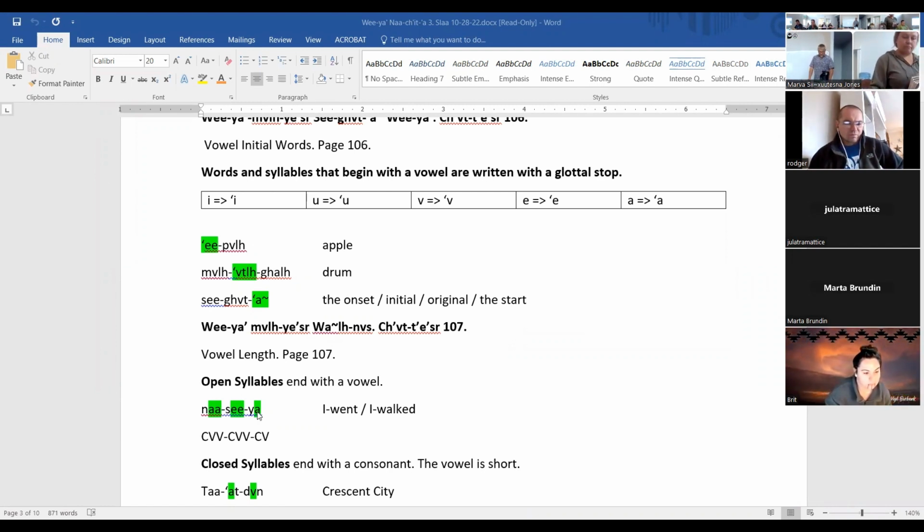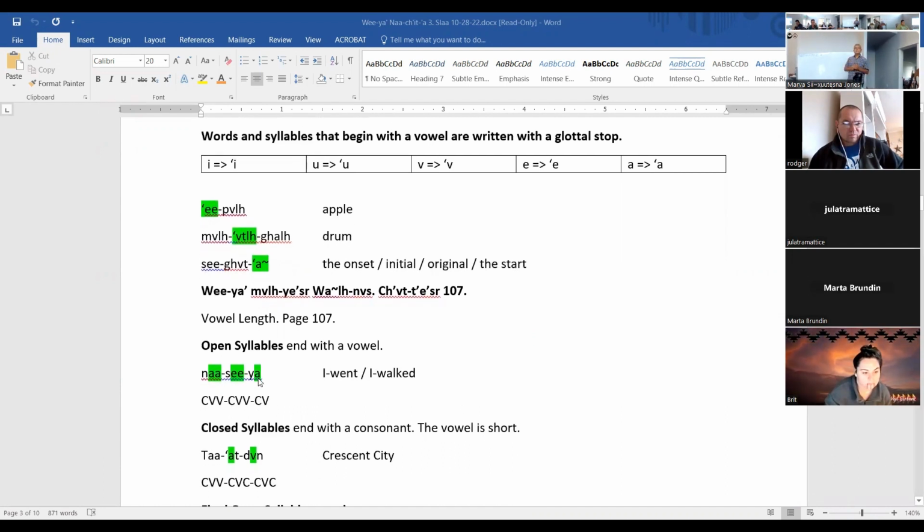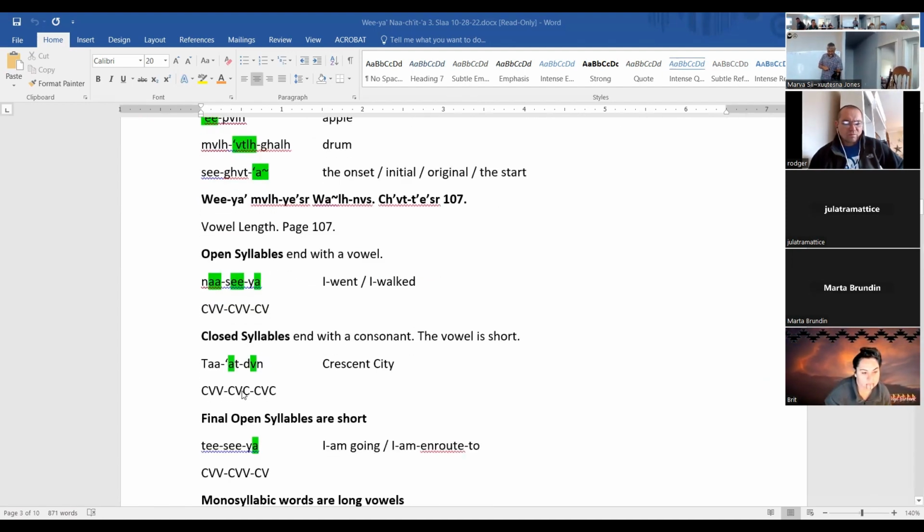So anytime you have an open syllable, it ends in a vowel. Any word that ends in a vowel in our language is called open. Its comparison is closed syllables, which end in a consonant, and the vowel is usually short, not long.